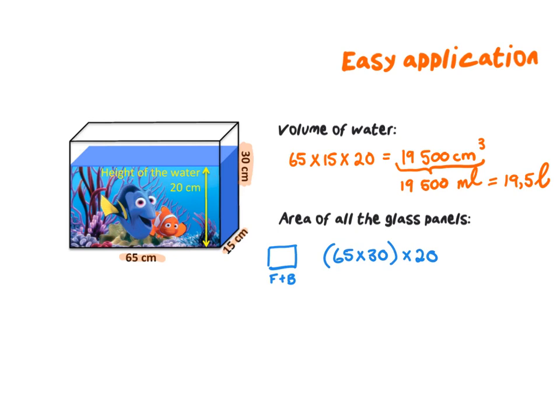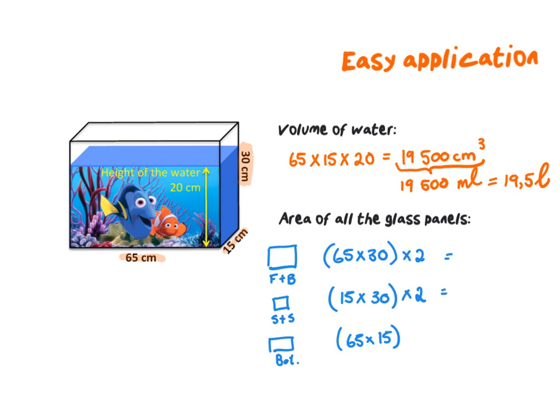Now, if I work with the side panels, which is slightly smaller, so side plus side, that is going to be 15 by 30. And there are 2 of them. Ooh, I see I wrote 20 there, times 2. And then my bottom, and there's only one of them because I don't have a top. So my bottom is 65 by 15, and there's 1 of them.